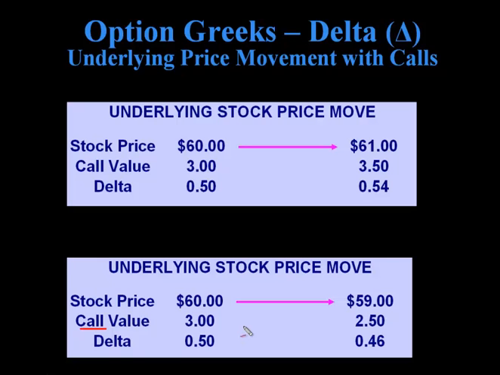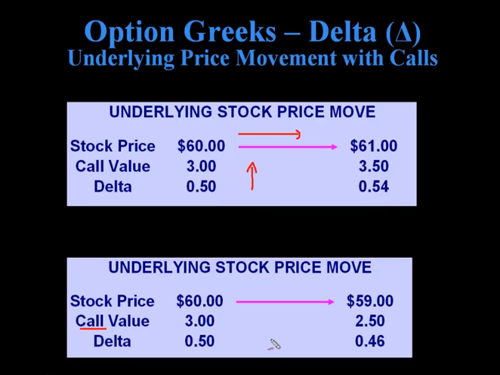Now keep in mind that in these examples, it was cut and dried. It went from 60 to 61, so the delta went from 50 to 54, but the call value went from 3 to 350. In reality, as the price of the stock is moving, 60.01, 60.02, and so forth, all the way up to 61, call delta is moving very, very gradually in the up position.